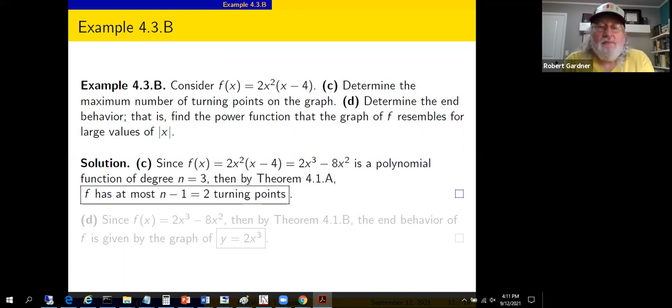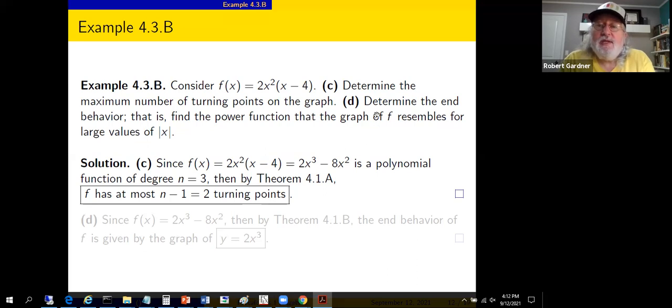It could have less than 2 turning points, and it very much depends on the coefficients. It's a bit of a long story. We do know the intercepts, and we will be able to graph it in this particular case, so we'll be able to see specifically how many turning points there are.